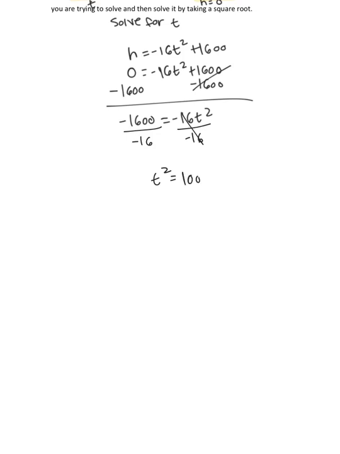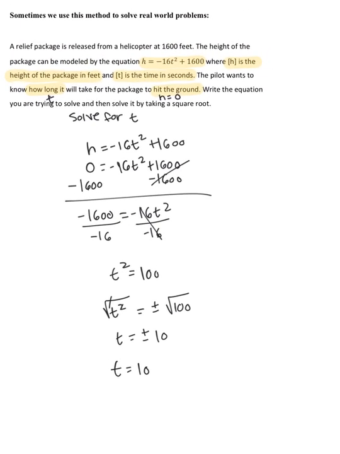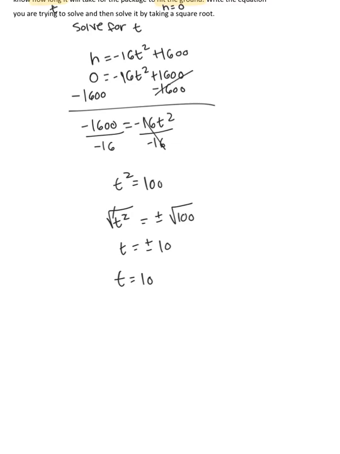I'm going to take the square root of both sides, and I'm going to put my plus minus. So these cancel. So t is either equal to a positive or negative square root of 100, which is 10. So the logical answer here is that t is equal to positive 10 because it's talking about time, and time cannot be negative. And this is time in seconds.